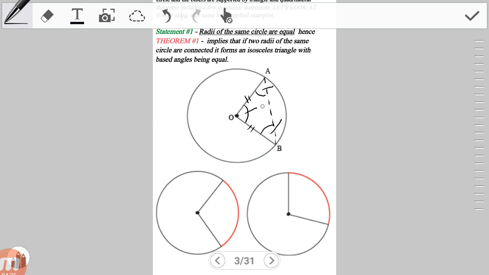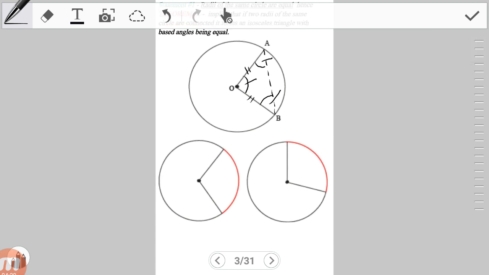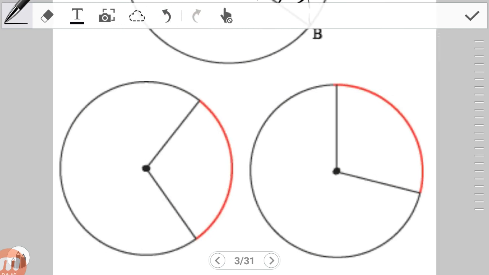We're not really talking about the other sections of the circle, but I wanted to identify this part particularly that I have highlighted here in red. Red here represents a part of the circumference, and this part is what we refer to as the arc.